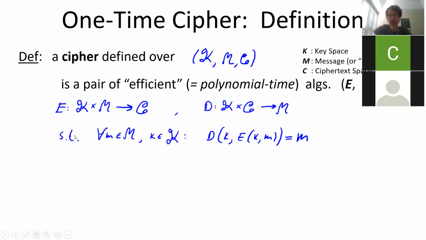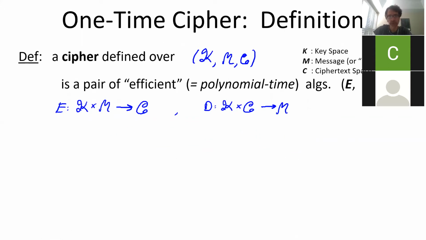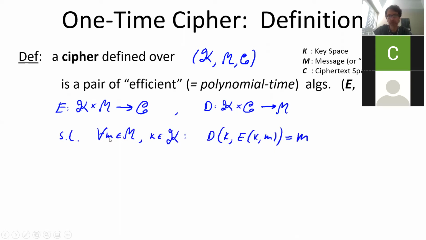And for this to make sense, there is a completeness or correctness requirement: for any message and any key, if they are in the proper spaces, so the key was chosen correctly and the message is from where it's supposed to be, then if I run the decryption function D on input a key k and a ciphertext, which is an output of the function E on input k and m, then D should basically work as an inverse of E. Whatever E did with the key and a message, applying D with the same key is going to bring the message back.